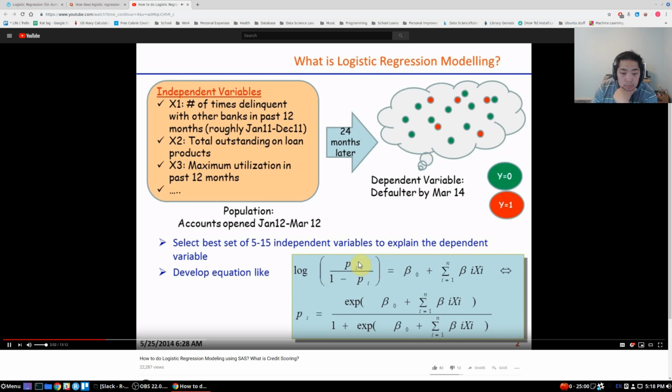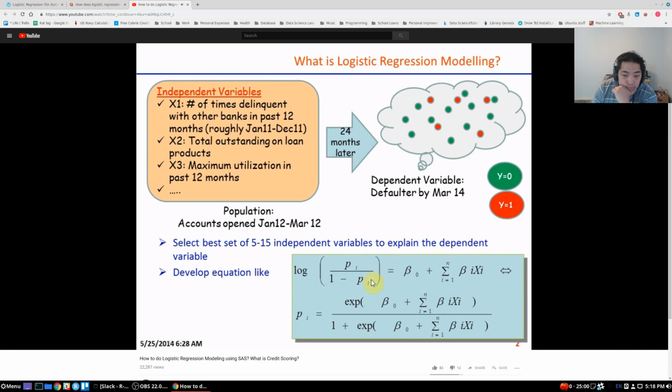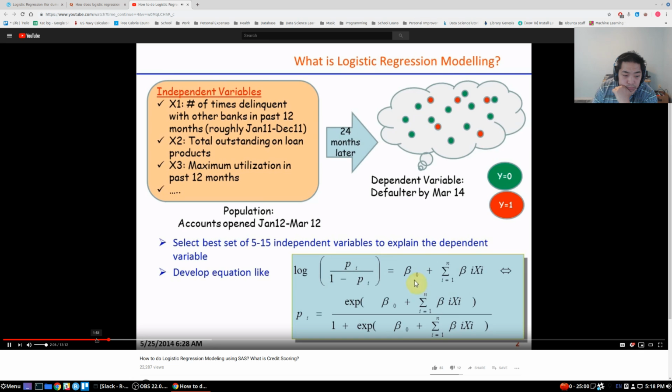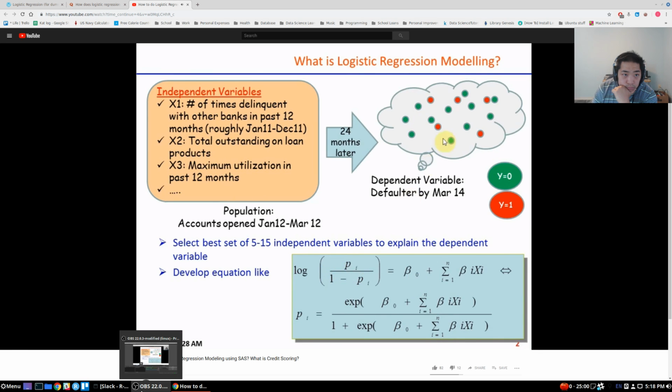So it's actually the log of the odds, probability of 1 by probability of 0.